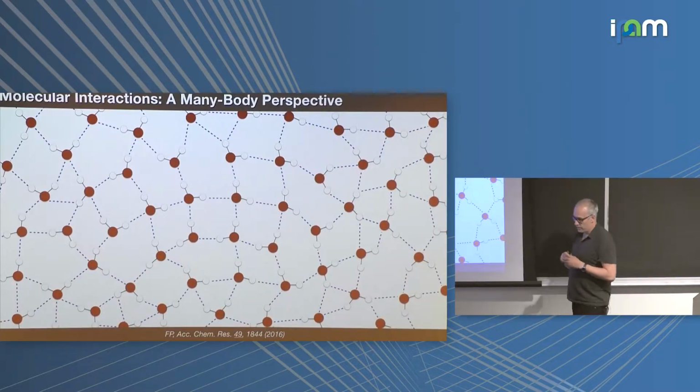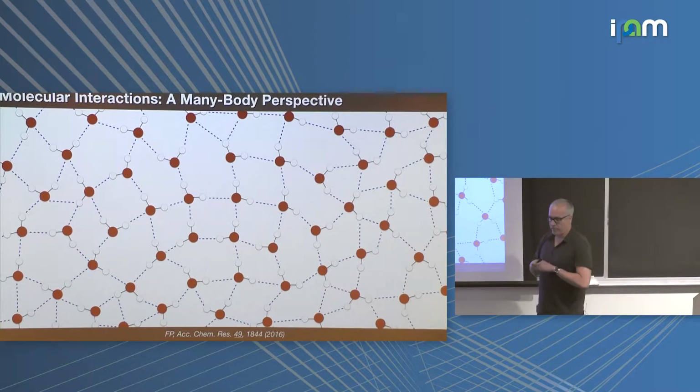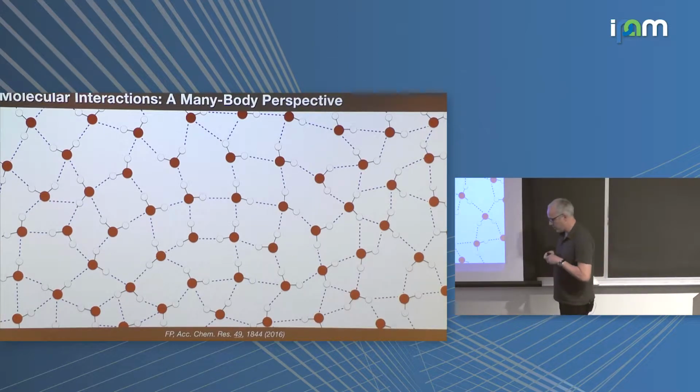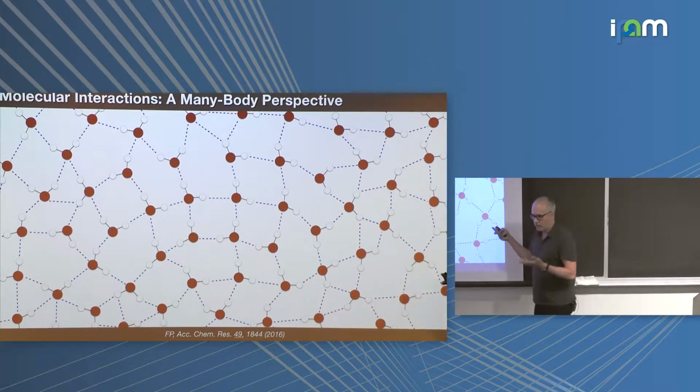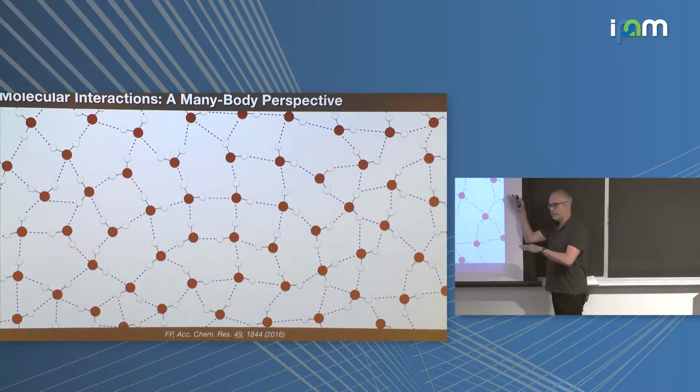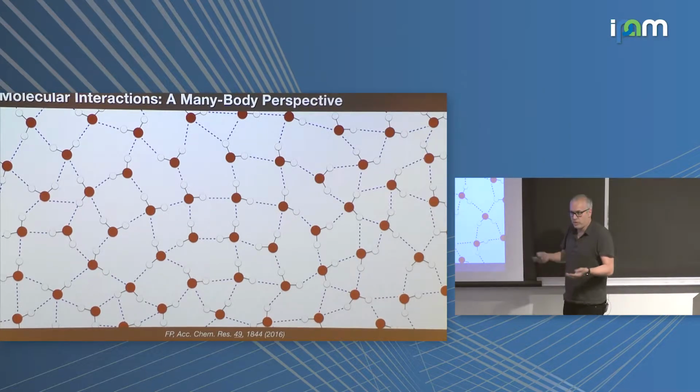And so I'm going to try to give you a different perspective, and it's a perspective based on many-body interactions. If you look at this water hydrogen bond network, it looks like a graph. And a few days ago, there was the talk by Peter about these graph networks that is somewhat related to how a hydrogen bond network may look.